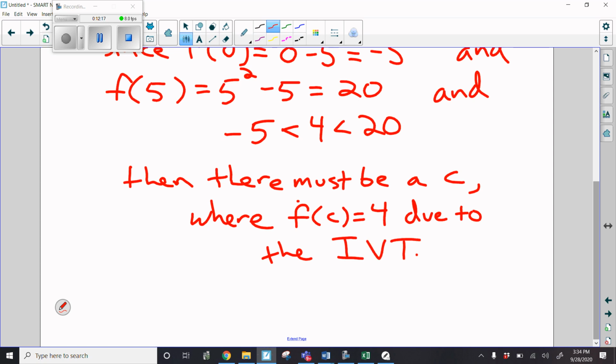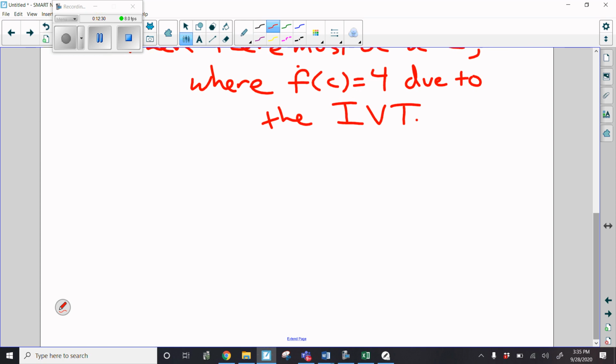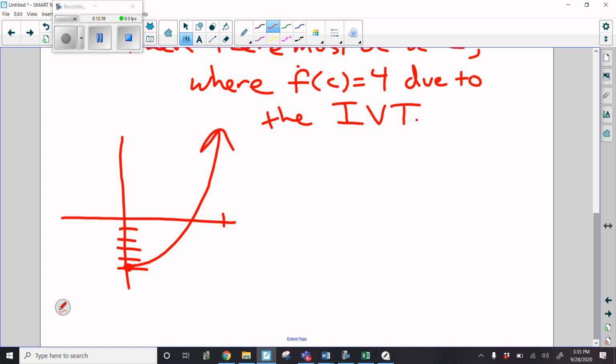And we're done. Now notice, I never found what C was. This problem didn't ask me to do that. It just asked me, can I guarantee that there is one? And again, think about this in terms of a graph real quick. X squared minus 5, we know what that graph looks like. Right.